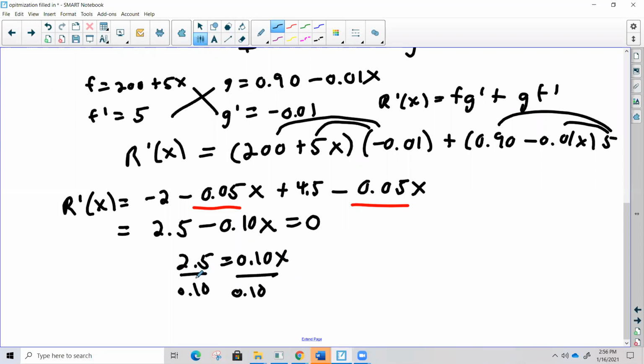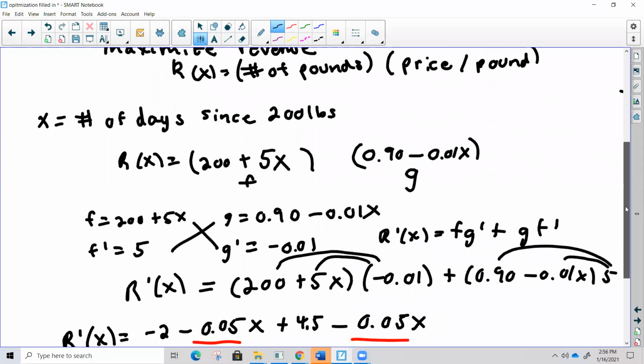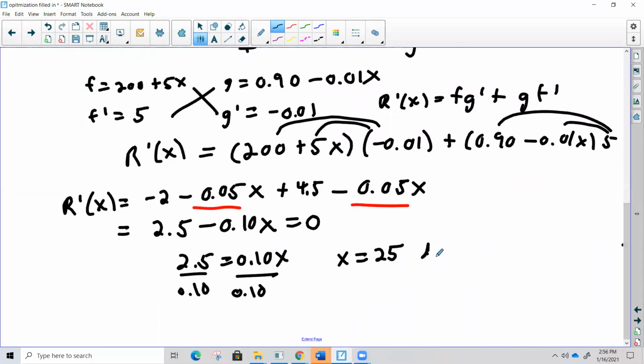So I'm going to do 2.5 divided by 0.10, and I get x equals 25. Okay. And again, remember what we're talking about. X is the number of days since 200 pounds. So we're saying it's 25 days since the watermelons were at 200 pounds.